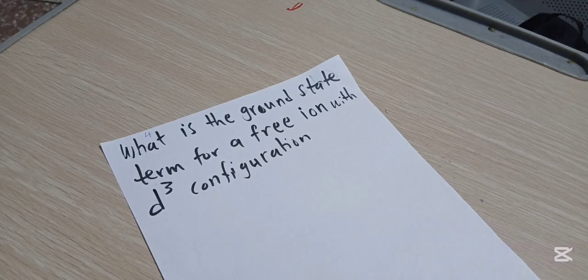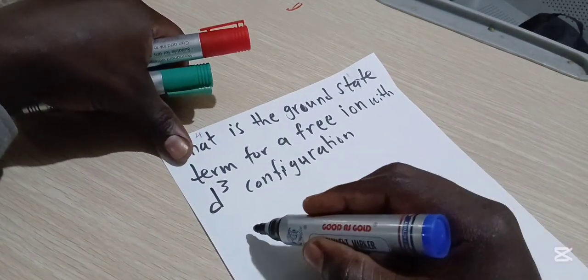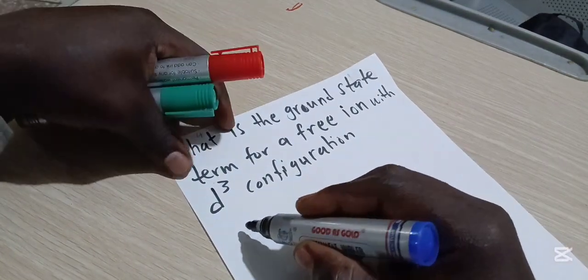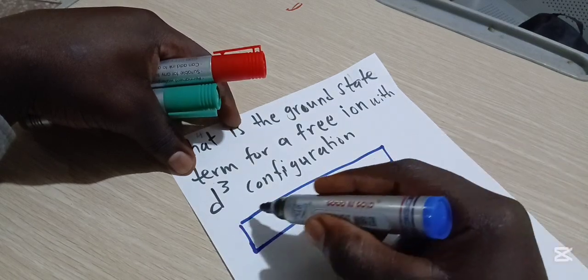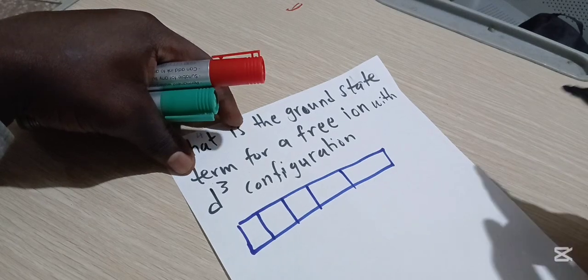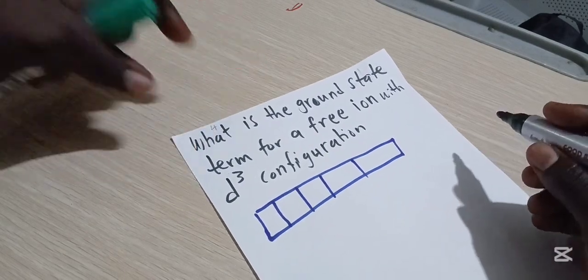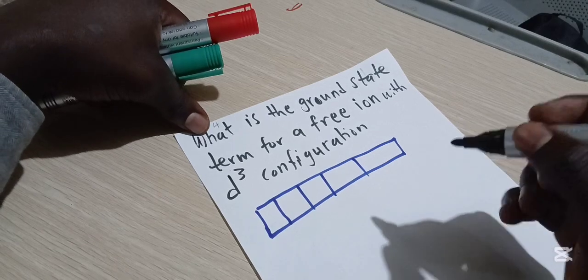So we just go ahead and draw the d orbital. We know our d orbital to have 5 suborbitals: 1, 2, 3, 4, 5. And we are looking at d3, that means we have 3 electrons in the orbital.